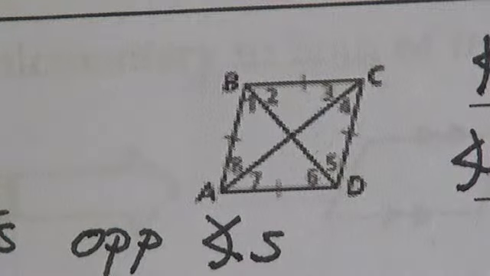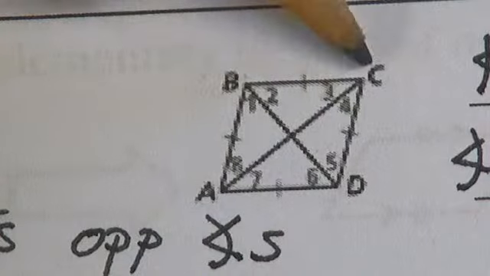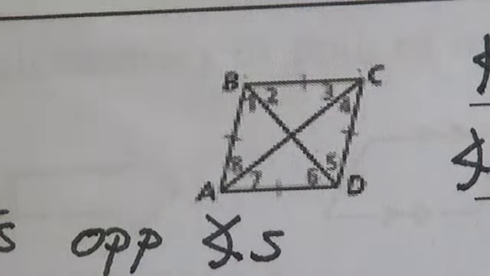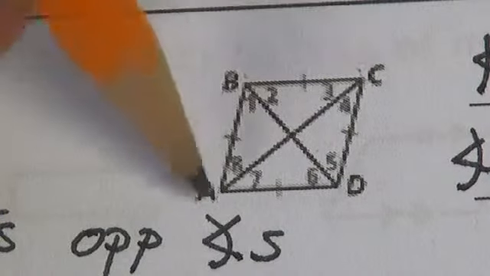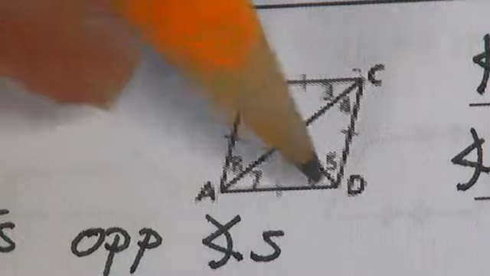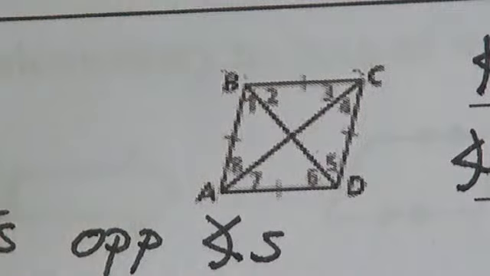In a quadrilateral, we have adjacent angles or consecutive angles, one after the other, and we have opposite angles. A and C are opposite angles, B and D are opposite angles.